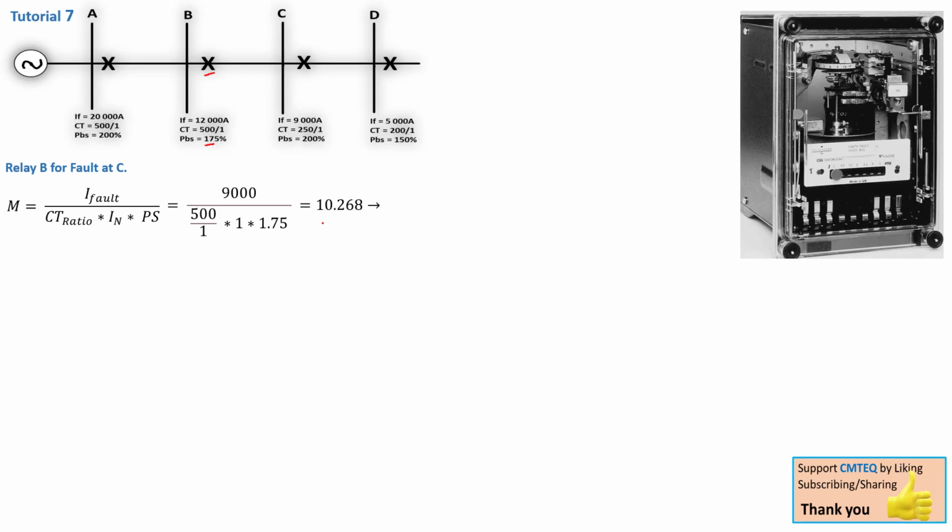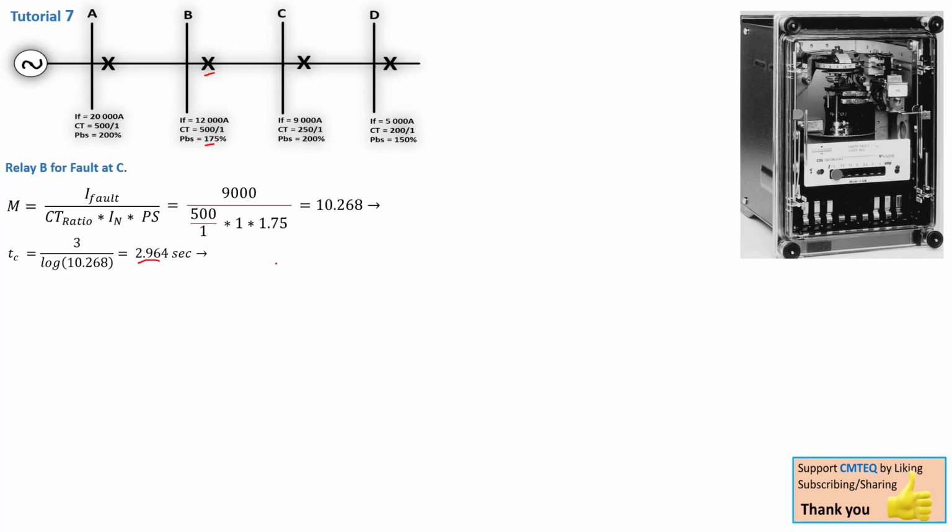With this value we then calculate our TC. TC is then 3 over log of 10.268, and that gives us a value of 2.964 seconds. So that is the tripping time for this relay for a fault on bus bar C.